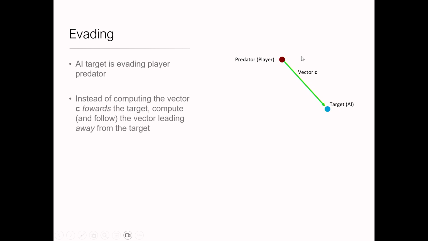All you do is compute the line of sight vector between the player and the target, and you simply move the target in the direction C in this case. You simply move away in the direction that the player is moving in. That's the simplest evading algorithm.